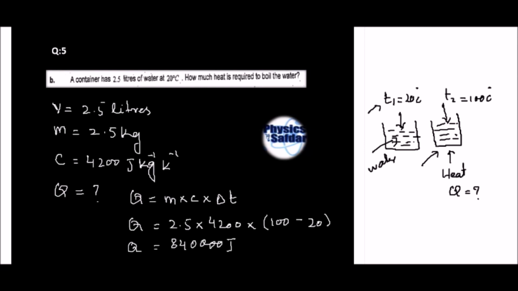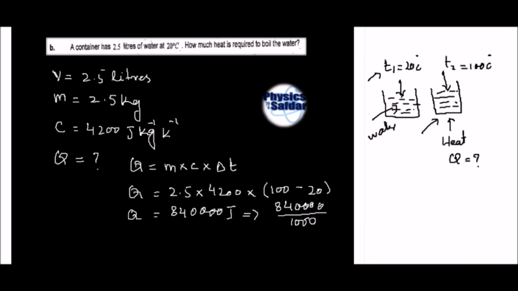After the simplification we get 840,000 joules. Now you can change your answer joules to kilojoules as the number 840,000 divided by 1000 is 840 kilojoules, and that is the final answer.